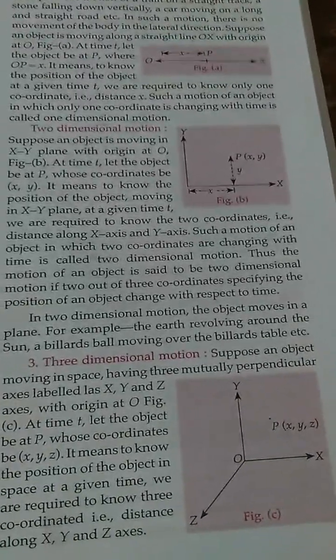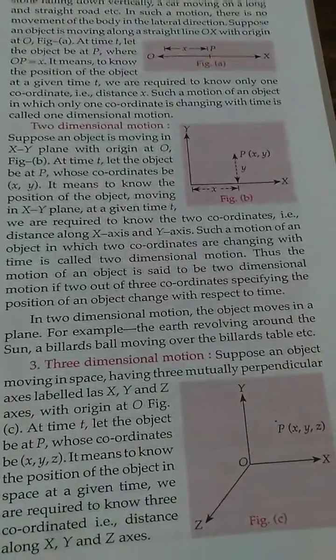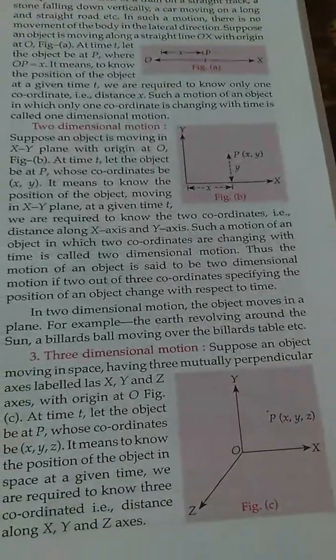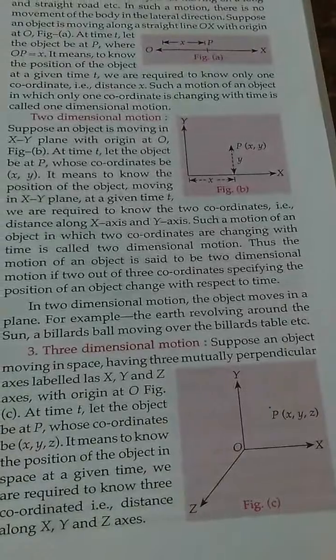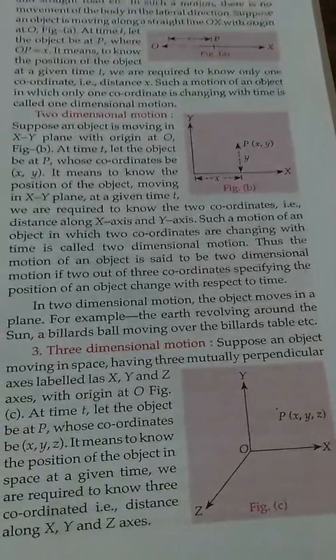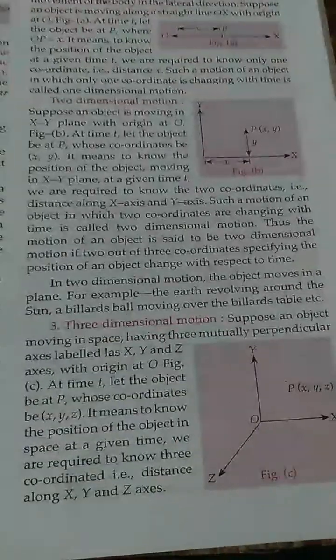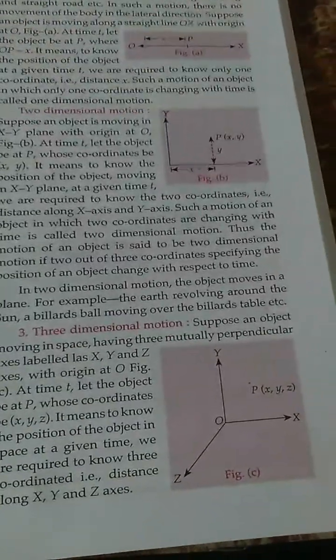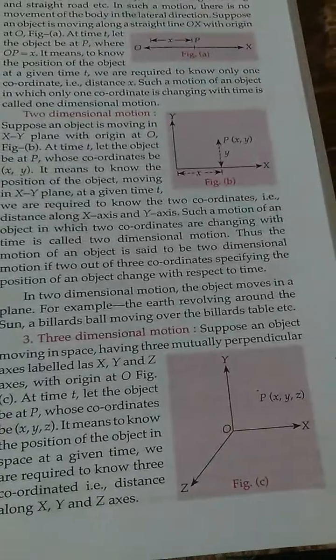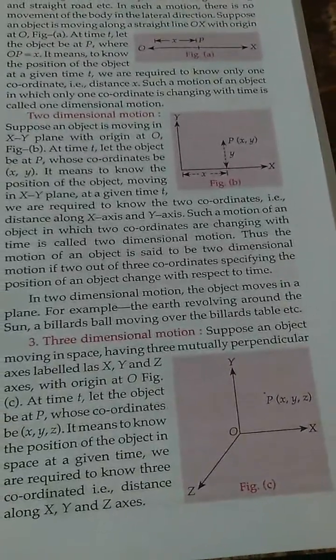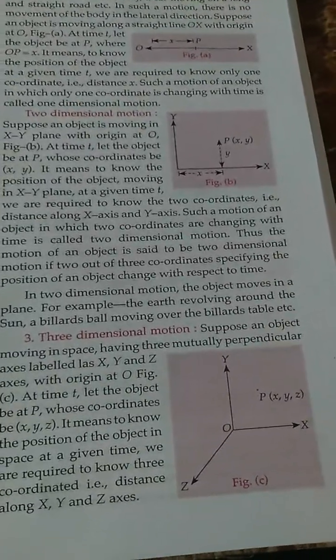Such a motion in which two coordinates are changing with time is called two-dimensional motion. Thus, motion is two-dimensional if 2 out of 3 coordinates specifying the position of an object change with respect to time. The object moves in a plane. For example, the earth revolving around the sun, a billiards ball moving over the billiards table, etc.